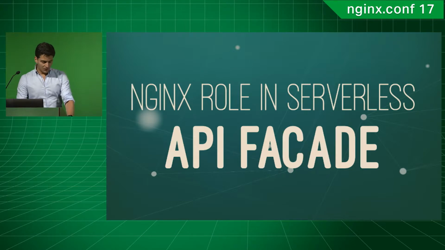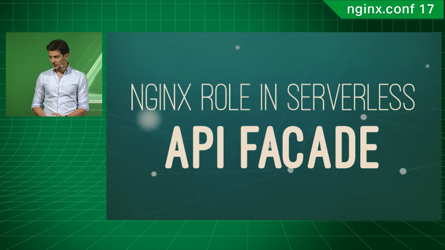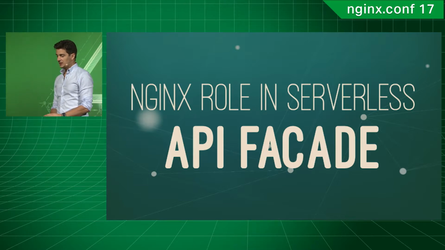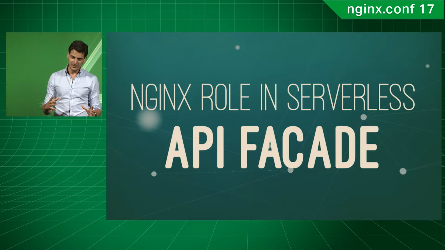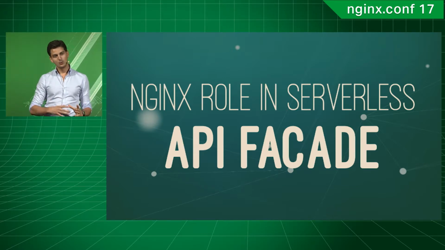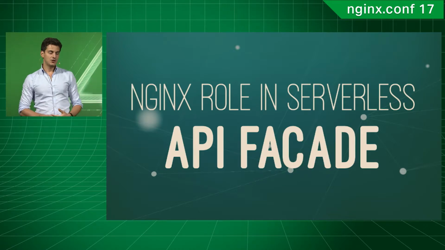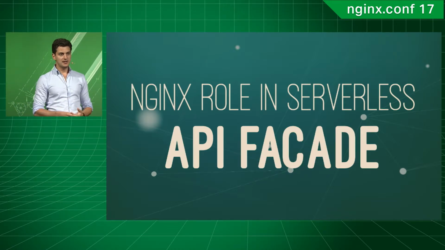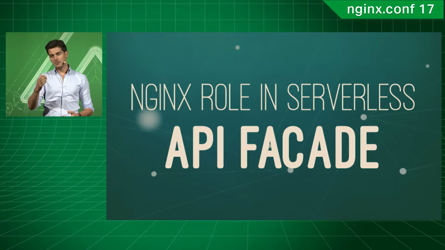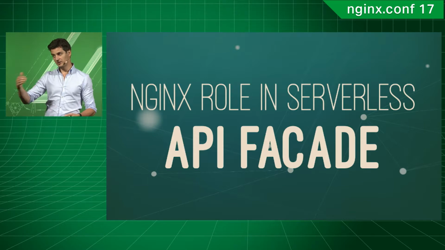So what role would NGINX play in this picture? Well, first of all, the way that we're using it right now is to extend existing long-running services with serverless, and we build a nice API facade. So even today, when somebody is consuming some Adobe APIs, some of those endpoints would point in the back end to serverless functions.